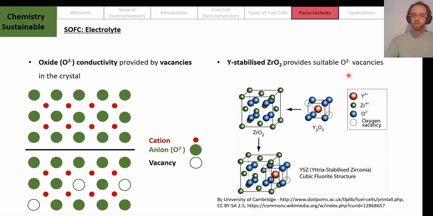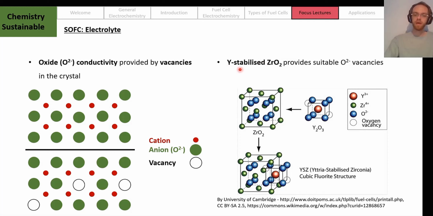This is due to the simple fact that if we look at the pure zirconium oxide crystal lattice, the zirconium has a 4+ charge, because the two oxide ions each have two negative charges. So the zirconium has a +4 charge.